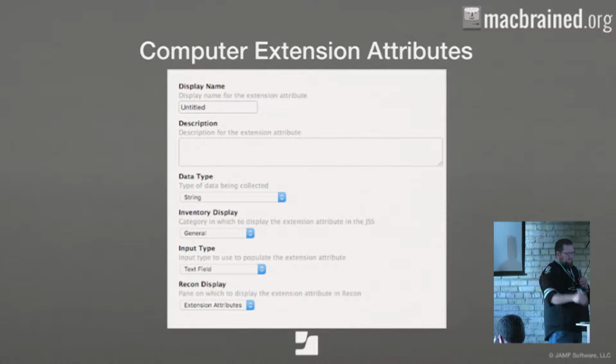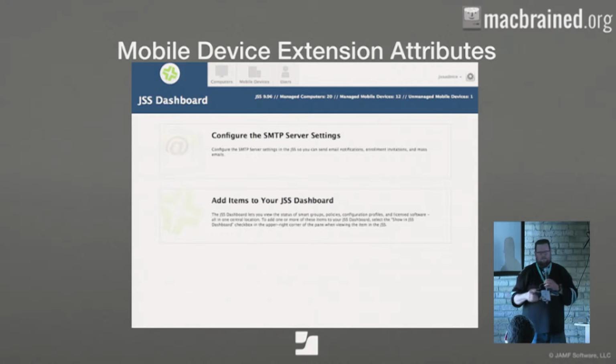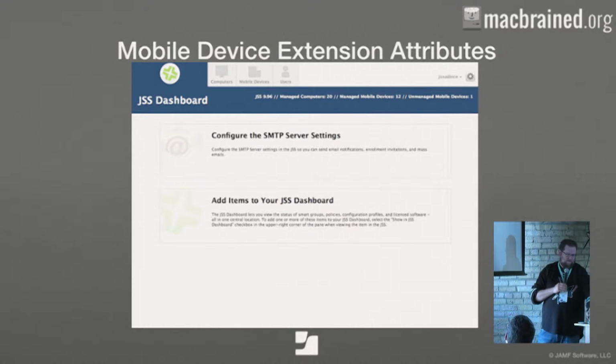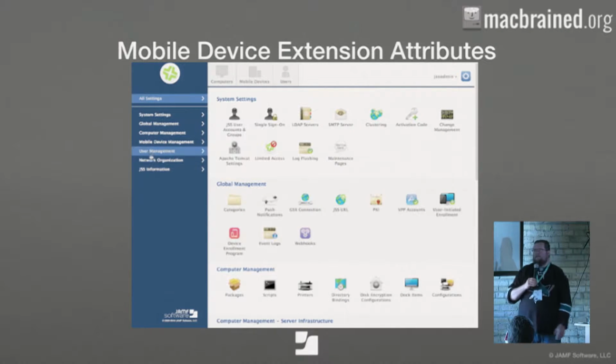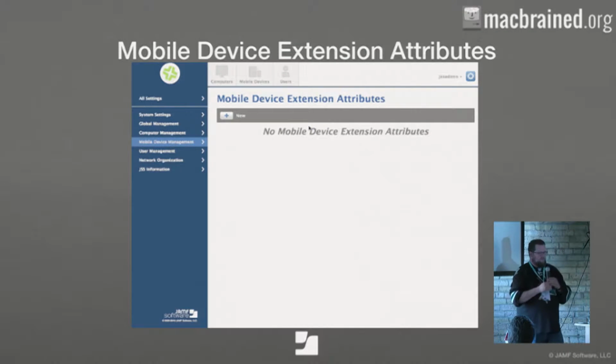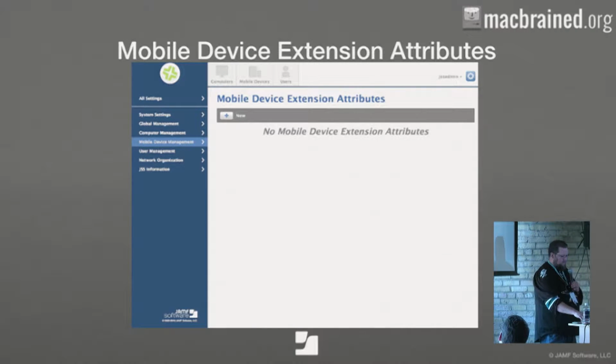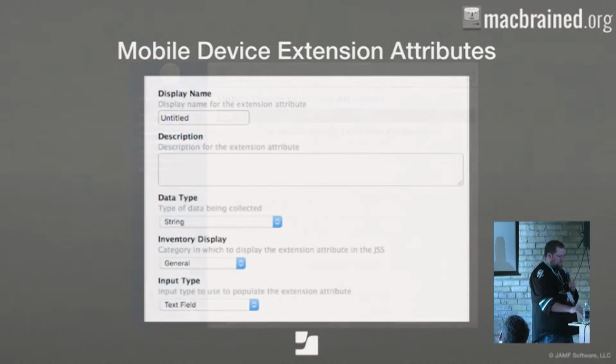When we go to the next one, the mobile device extension attributes, this is the path of how to get there. Very similar to computers, but instead of clicking on computers, you click on mobile. You're going to see the same concept when we go to the user extension attributes.